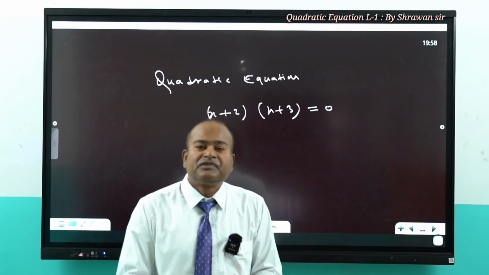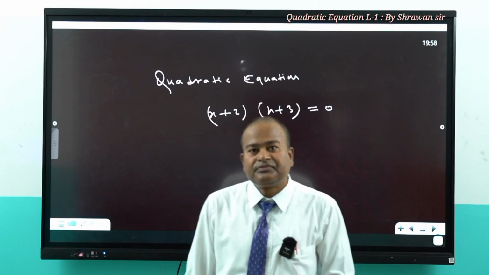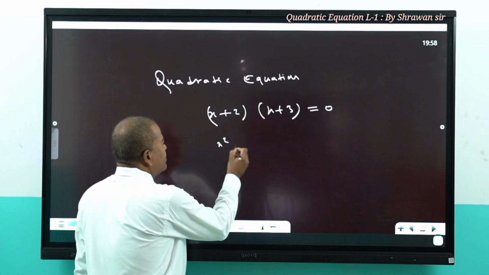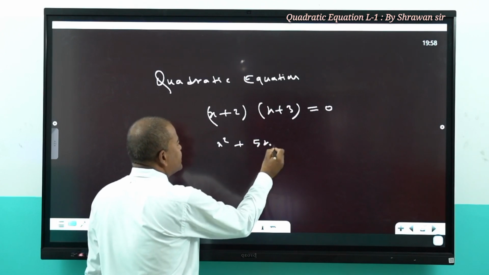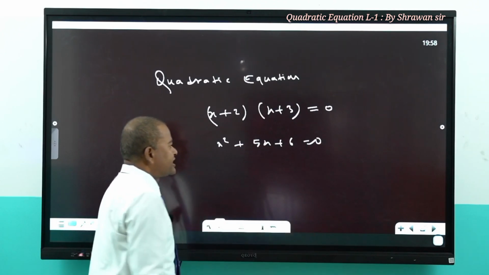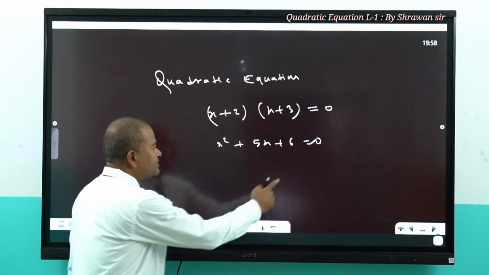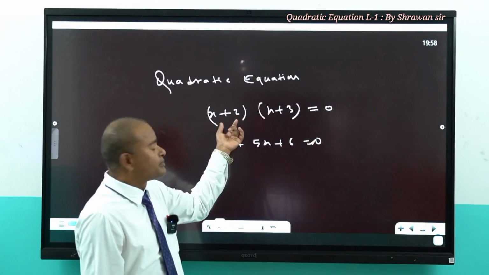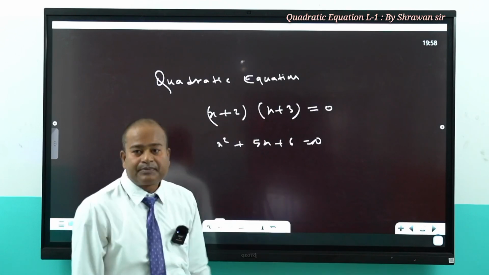So we can define quadratic equation in some other way also. After taking the product, we get x squared plus 5x plus 6.